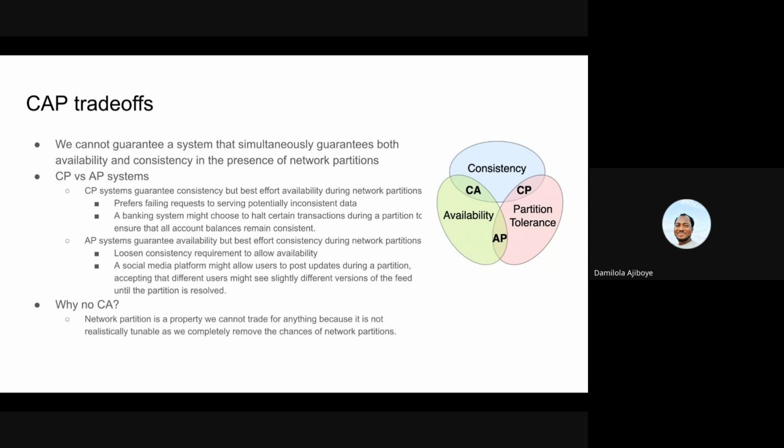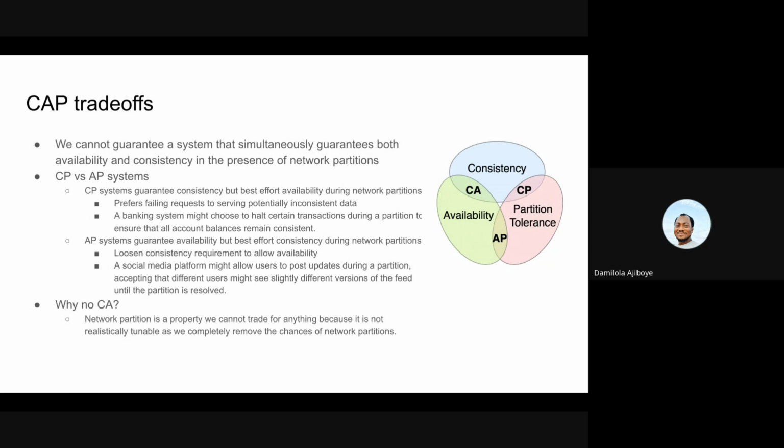Then AP is the other way around, where we prioritize availability over consistency when we have a network partition. In this case, we are fine with serving inconsistent data because our priority is availability. We want these nodes to be able to respond to any request from clients.